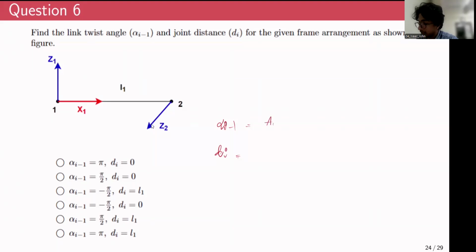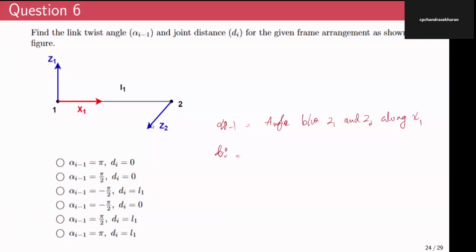That is correct. So as you were saying, the angle between Z1 and Z2 along X1. So what would that be? 90 degrees. Yes. So alpha i minus 1 is 90 degrees or pi by 2 radians.